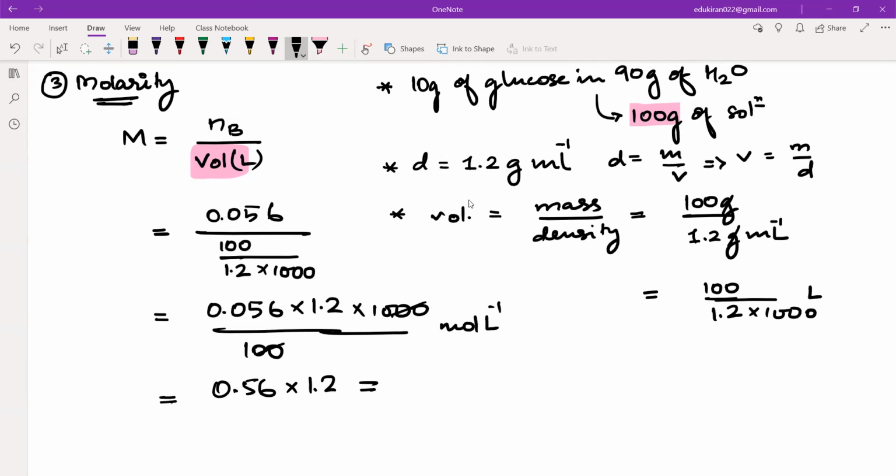Right? I think this is the answer, no? 0.56 into 1.2. Calculate this. 0.624?